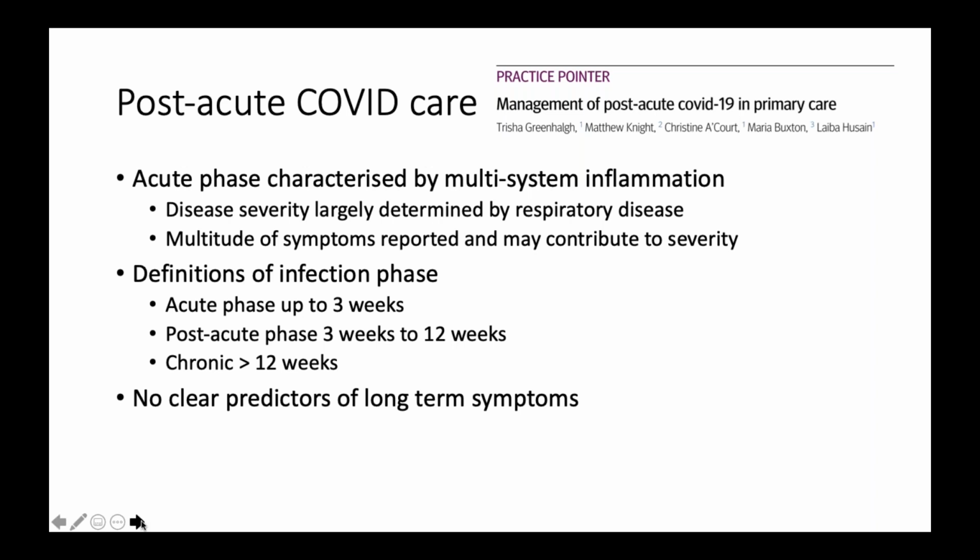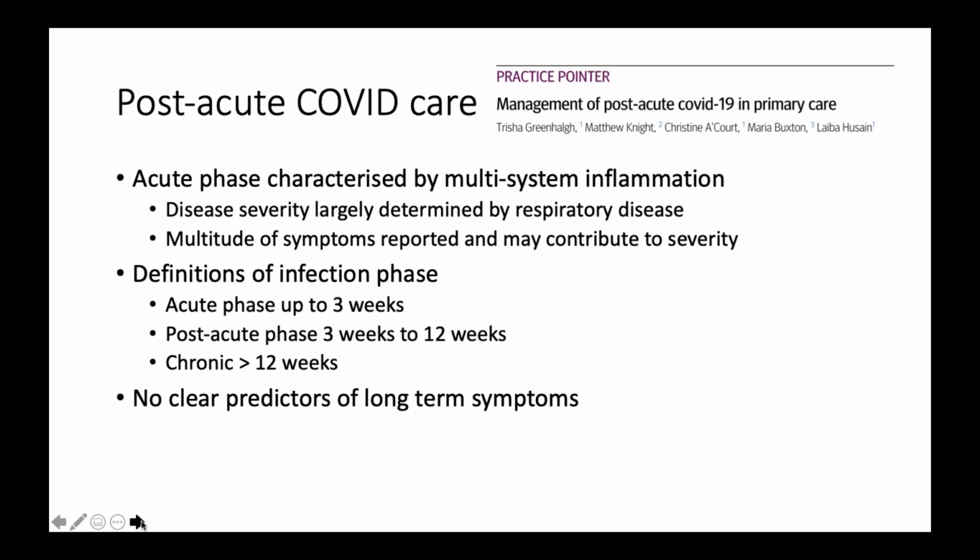While disease severity, as you saw in those slides earlier, is largely determined by the respiratory disease, so the oxygen saturations, respiratory rate, the degree of pulmonary infiltrates on imaging, we know that people get a really wide variety of symptoms, and it often contributes to their severity. I was really surprised on the acute ward service how many people had other symptoms that brought them to hospital rather than their respiratory disease.